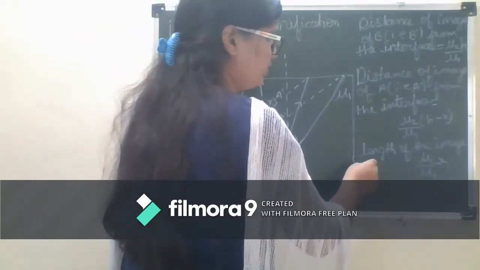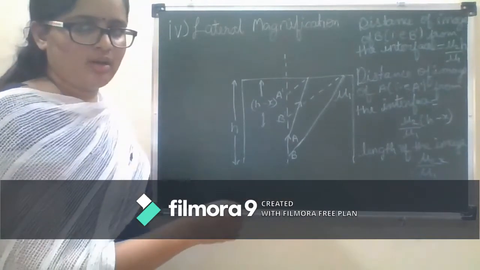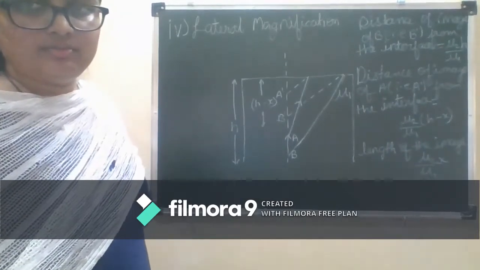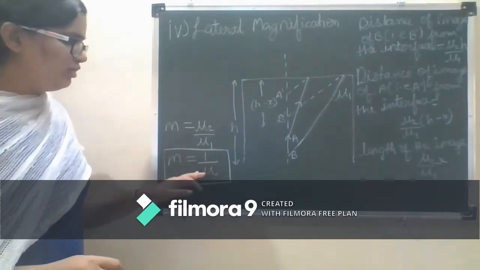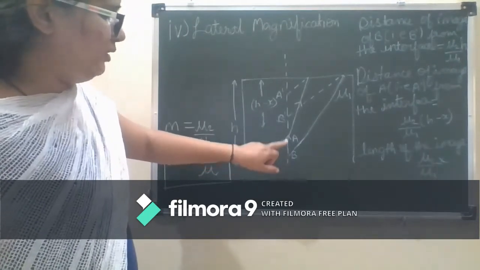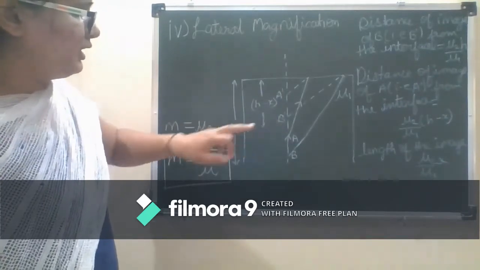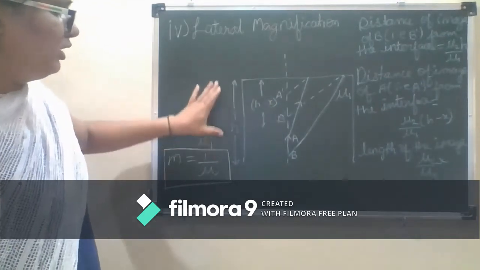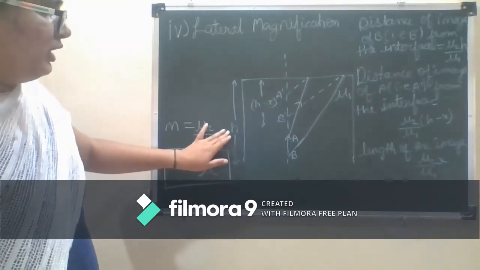Therefore the length of the image is mu2 upon mu1 into x, or we can say the lateral magnification is m equal to mu2 upon mu1. This is the part AB, and here A dash B dash. This much is h minus x, and as a whole from the start till B it is h.